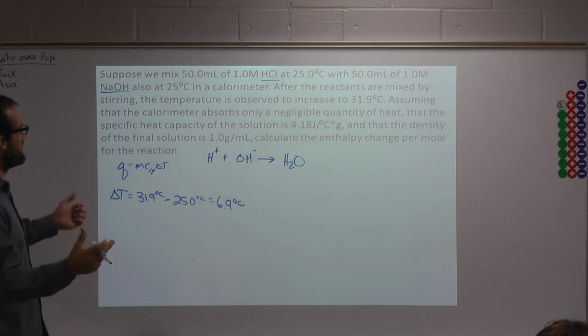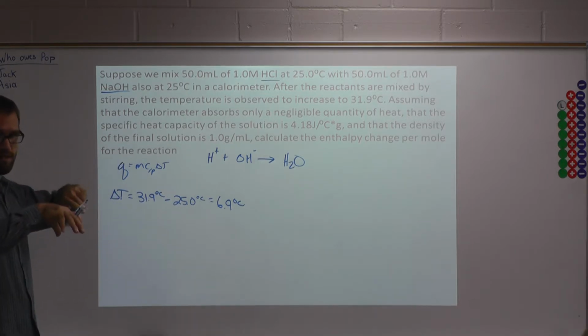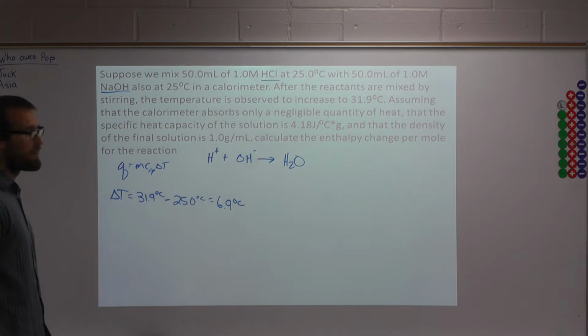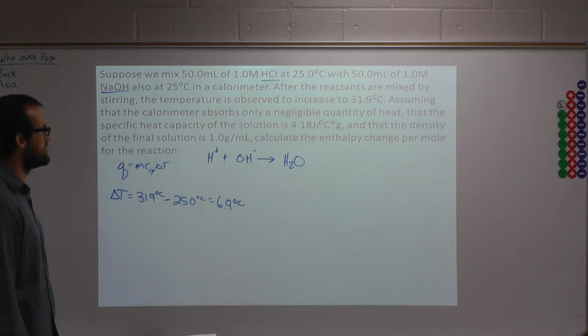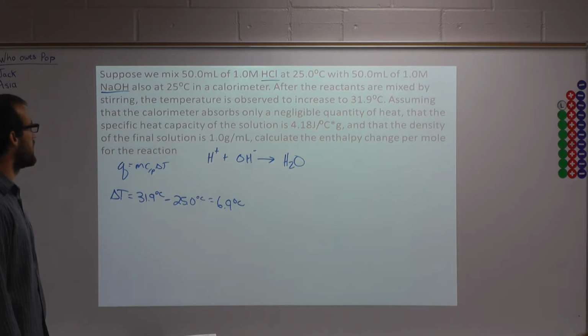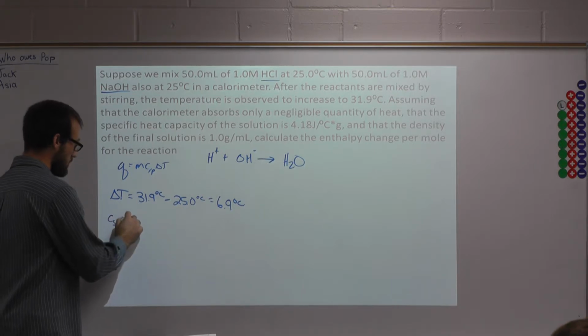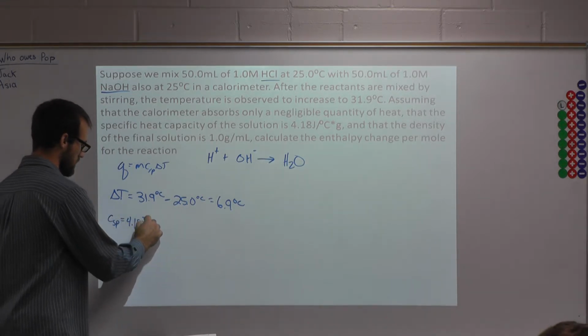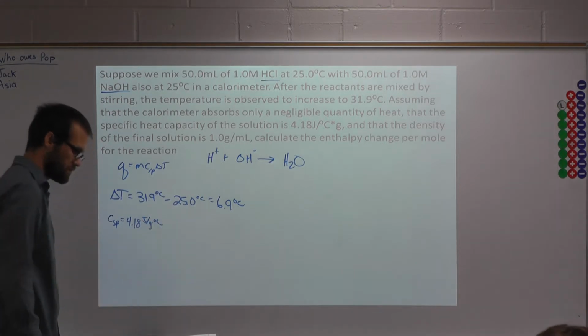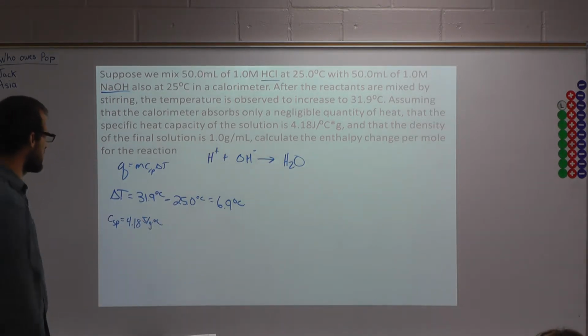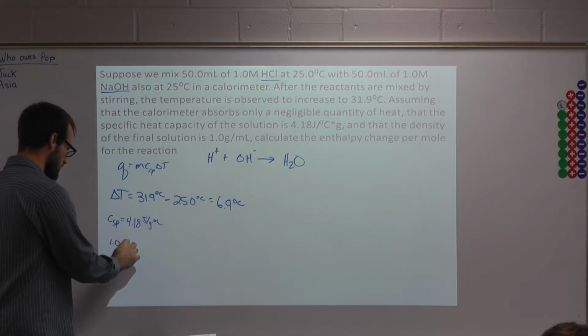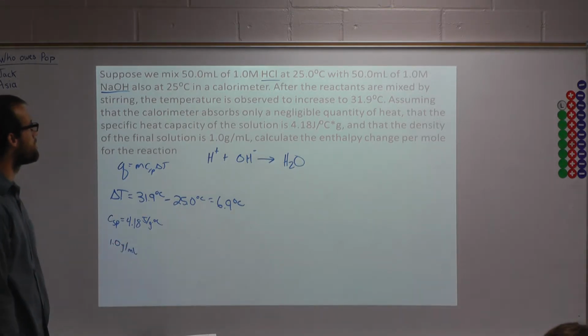Essentially they're taking these two different mixtures, mixing them together in a calorimeter, and seeing what happens. Right? Got a temperature increase. This says that the calorimeter doesn't lose much of the heat that you are trying to calculate. It gives us a specific heat capacity of water, and the density of our final solution.